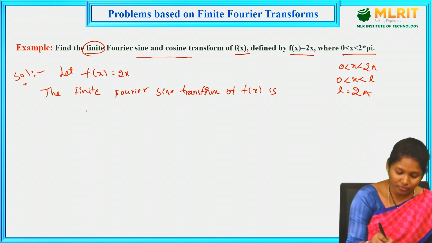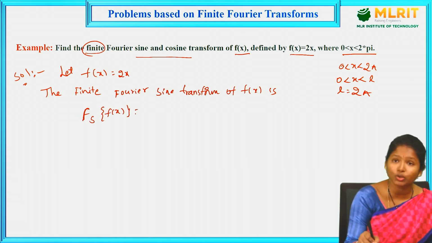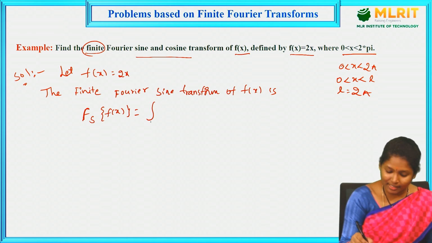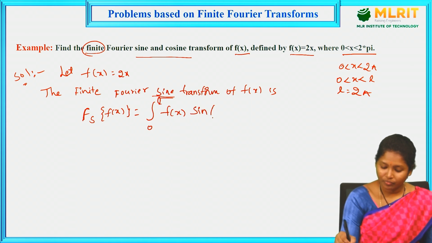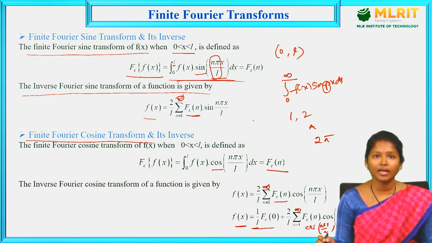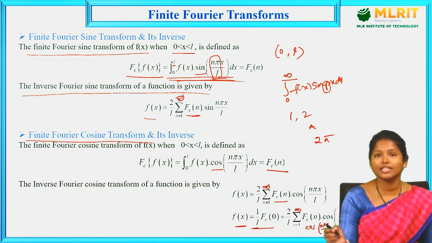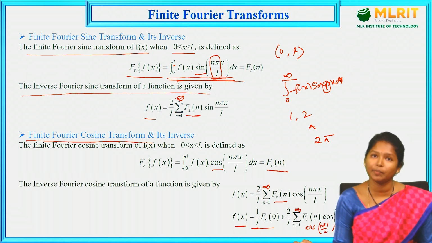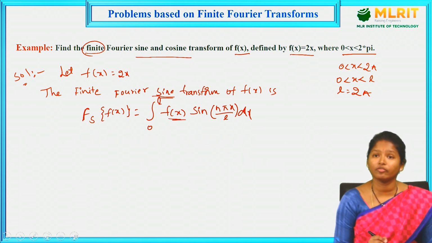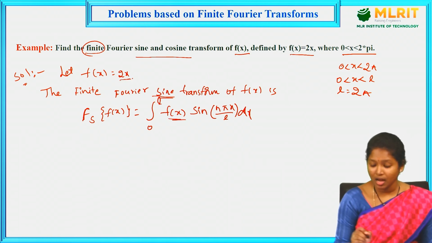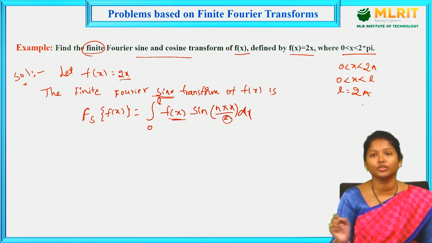Fs of f of x equal to integral 0 to L f of x, for sine you are writing that, sine n pi x by L dx. This is the formula, right? So integral 0 to L f of x sine n pi x by L dx. So here in the place of f of x, we are substituting 2x, and in the place of L we will substitute 2 pi.